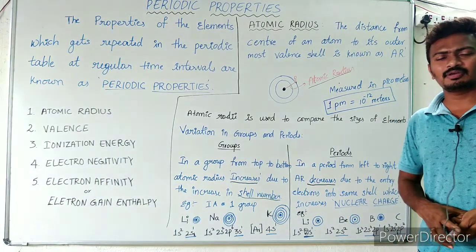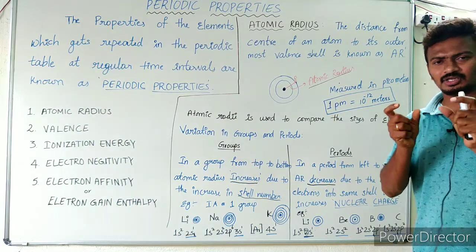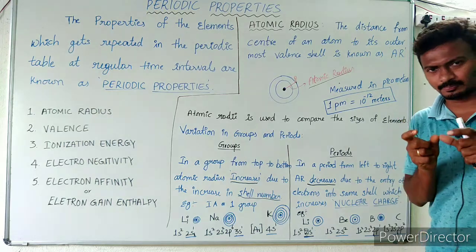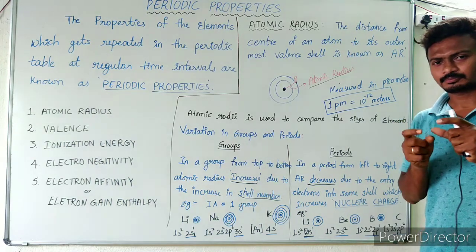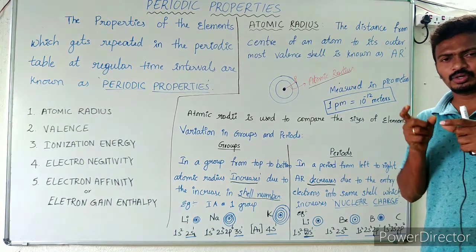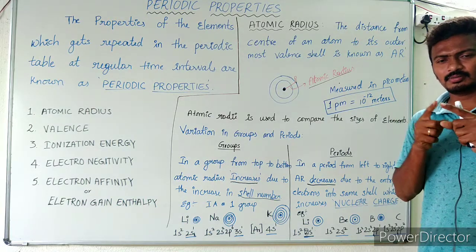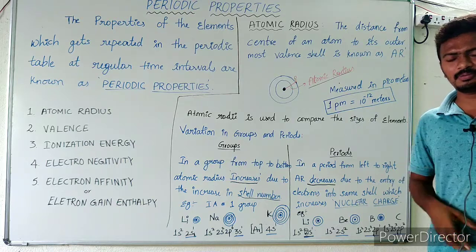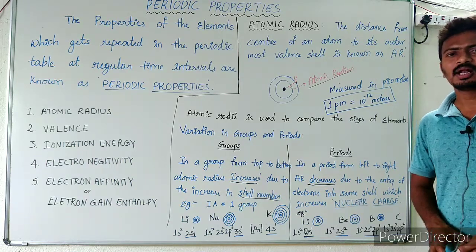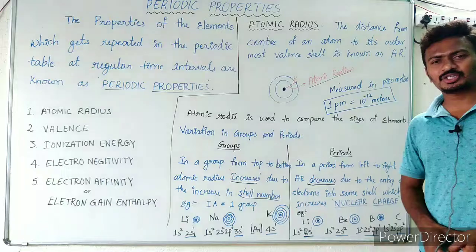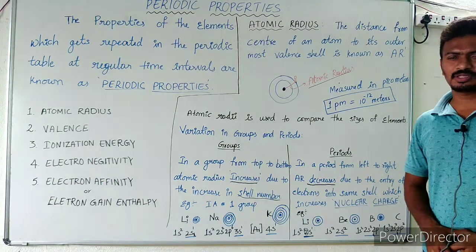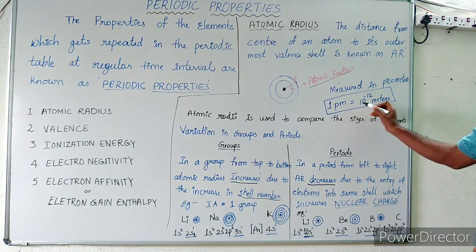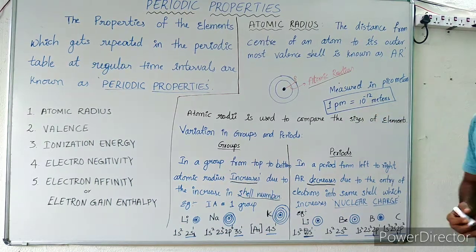So we will be taking the average distance of the 2 bonded atoms. If you take any covalently bonded atoms like hydrogen, chlorine or fluorine, we will take the average distance between these 2 bonded atoms and consider it as atomic radius. This atomic radius is measured in picometers. 1 picometer is equal to 10 to the power of minus 12 meters.